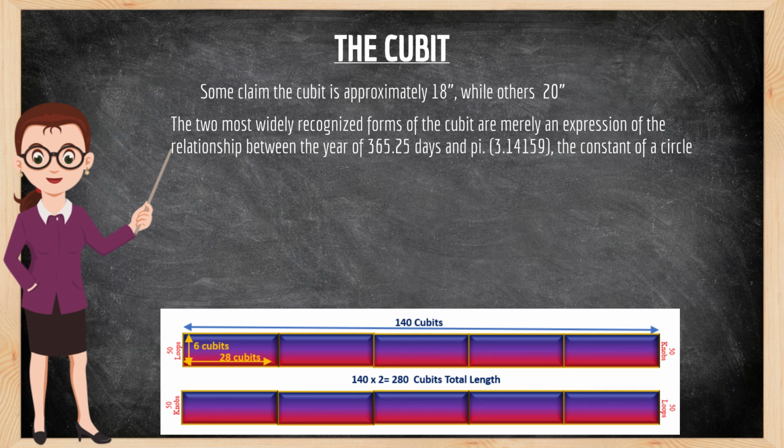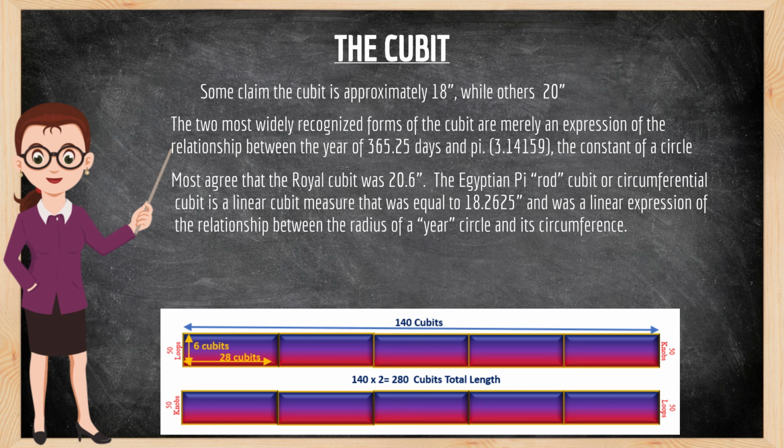The two most widely recognized forms of the cubit are merely an expression of the relationship between the year of 365.25 days and pi. Pi is 3.14159, the constant of a circle. Most agree that the royal cubit was 20.6 inches.